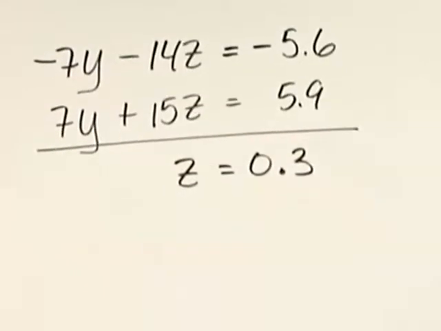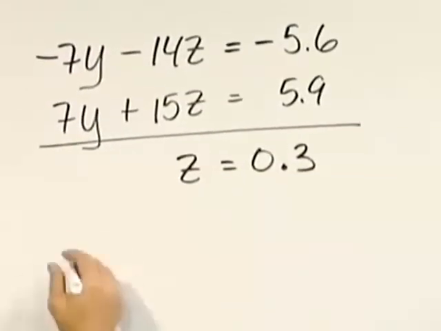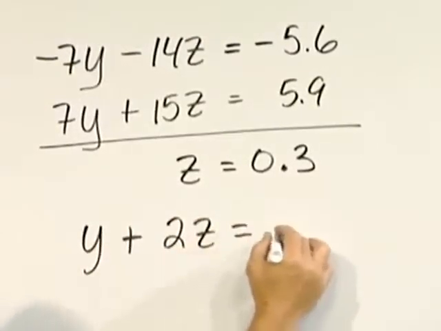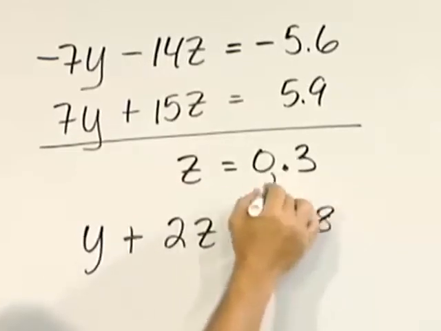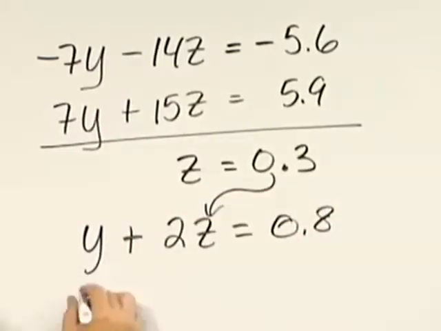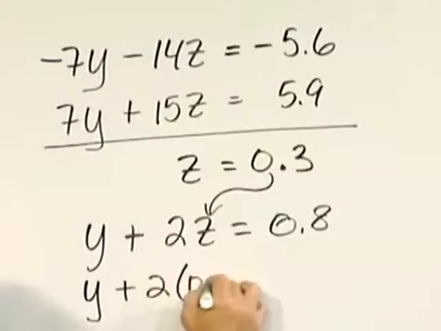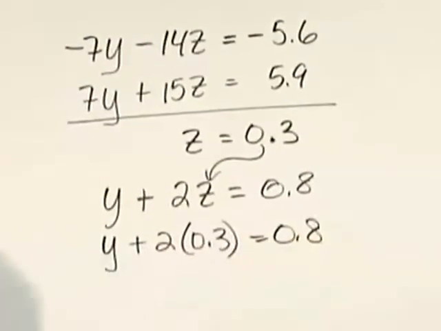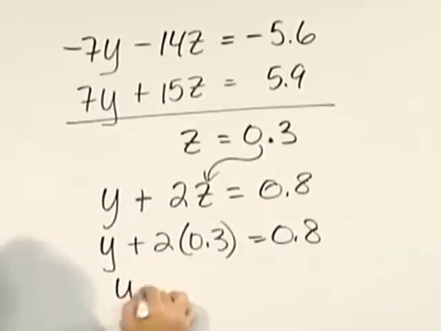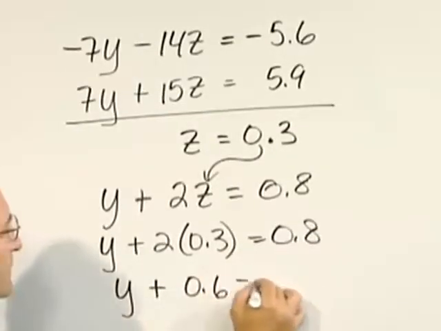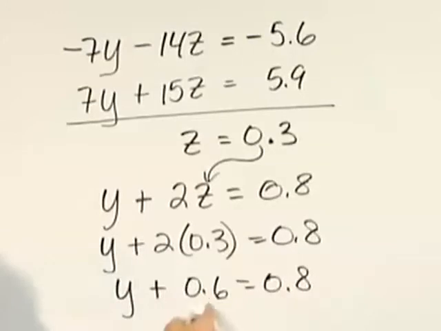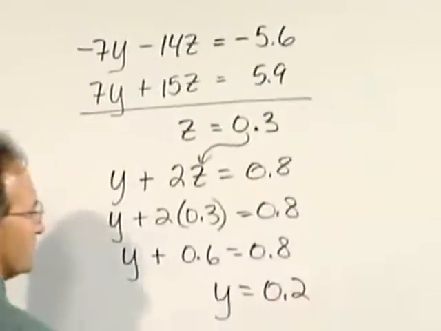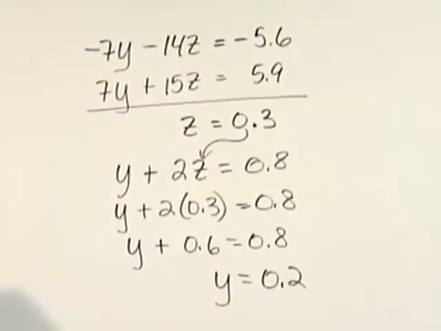But let me take the original equation number 2, the y plus 2 times z equals 0.8, and I'll substitute it in here. So I have y plus 2 times 0.3 equals 0.8. That means I have y plus 6/10 equals 8/10. Subtracting 6/10 from each side, I get y equals 2/10 or 0.2.